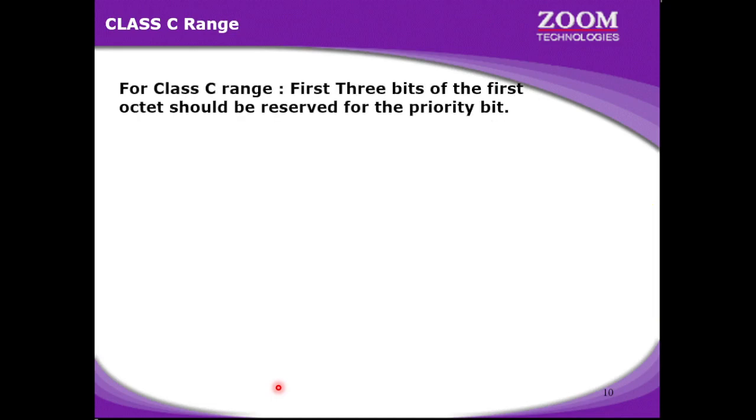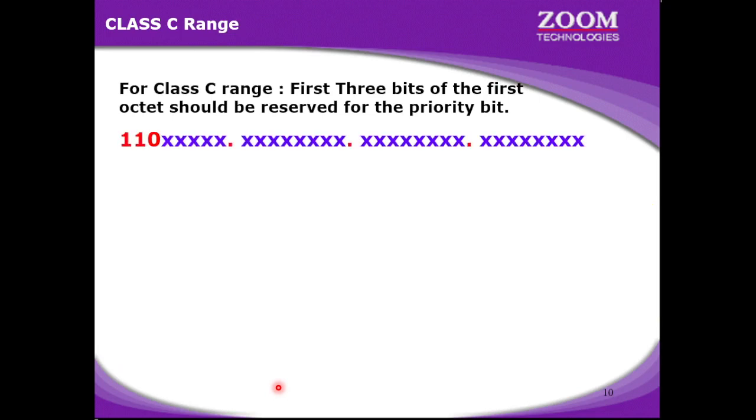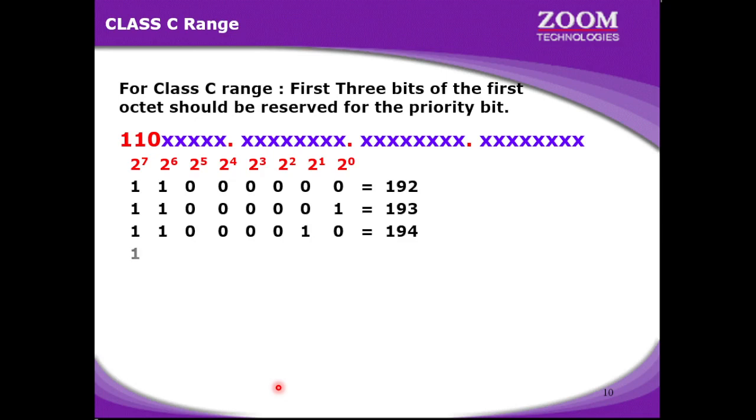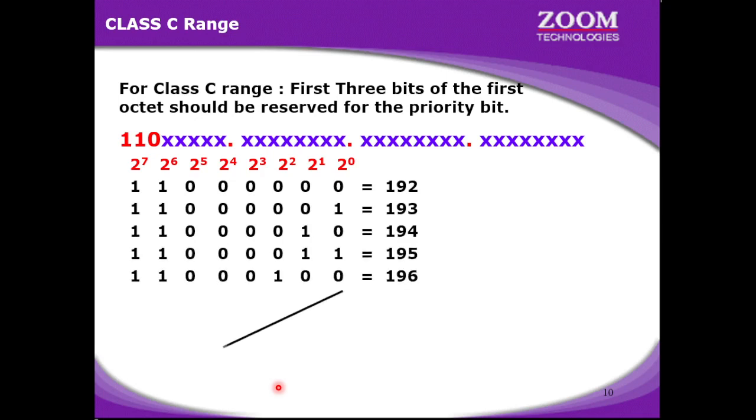So therefore, papasok na po yan sa first 3 bits of the first octet ng priority bit ng Class C, which is 110. Okay? So yung 110, 00000, it's 192. Tapos 193, 194, 195, 196 hanggang sa 110, 11111, which is 223.